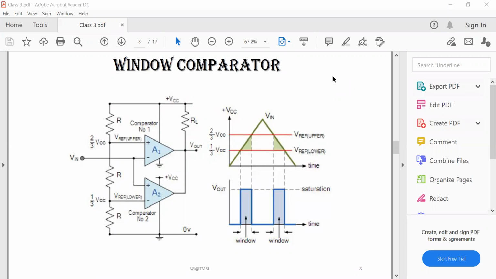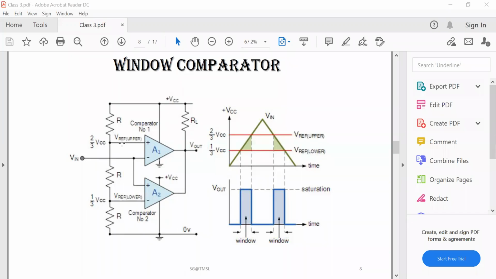Now, instead of having just one reference voltage as in a normal voltage comparator, a window comparator will have two reference voltages.